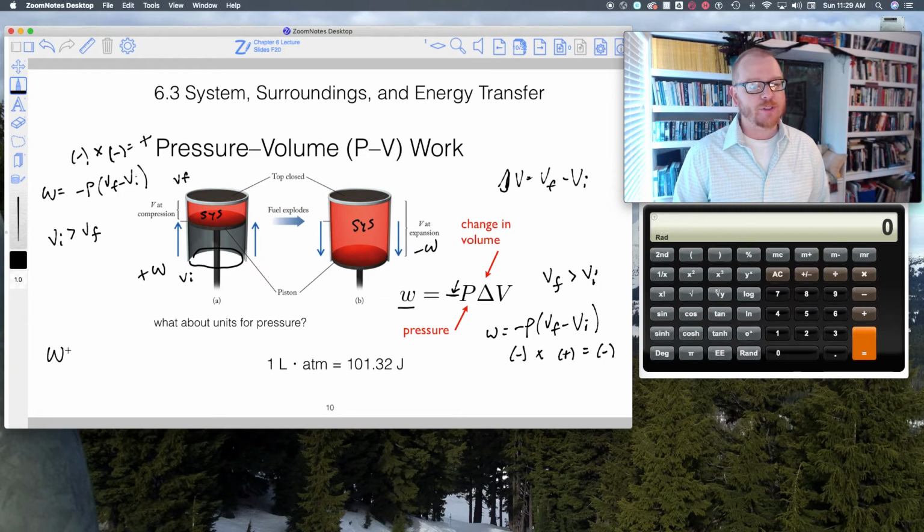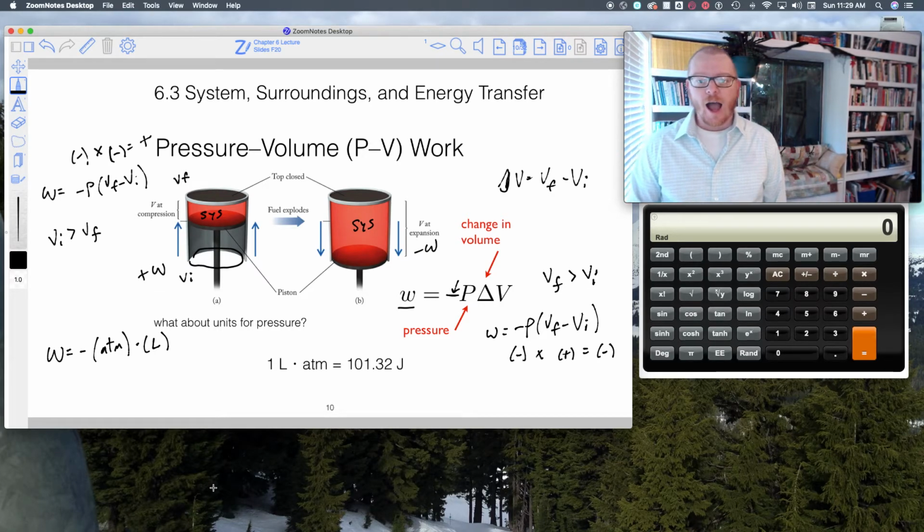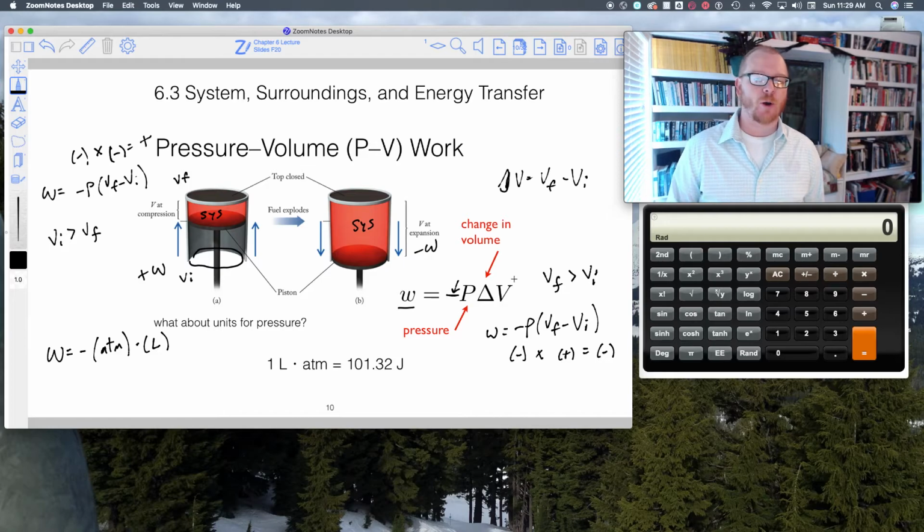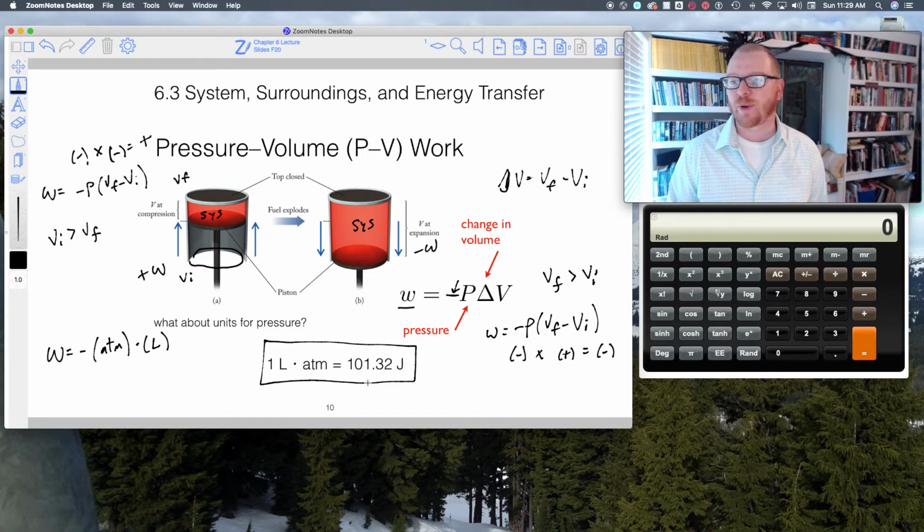So if I use this formula, with the negative sign, and let's suppose I use atm for my pressure and liters for my volume, which is convenient, then I'll have a liter atmosphere as my unit. And that doesn't make a whole lot of sense, right? But I have this conversion here that says 1 liter atm is 101.32 joules.